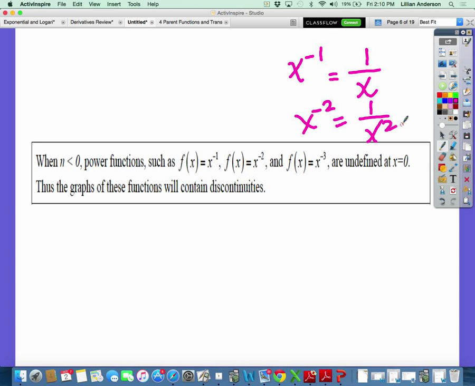What type of discontinuity are we going to have? Tyler? A hole? Not a hole. Gabby? Not removable. The last one? Infinite. Because it is a vertical asymptote that's happening at 0.